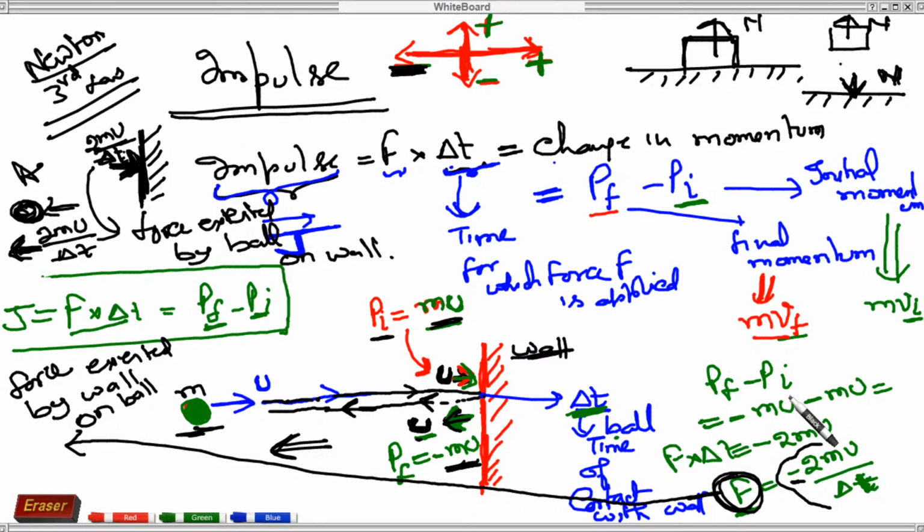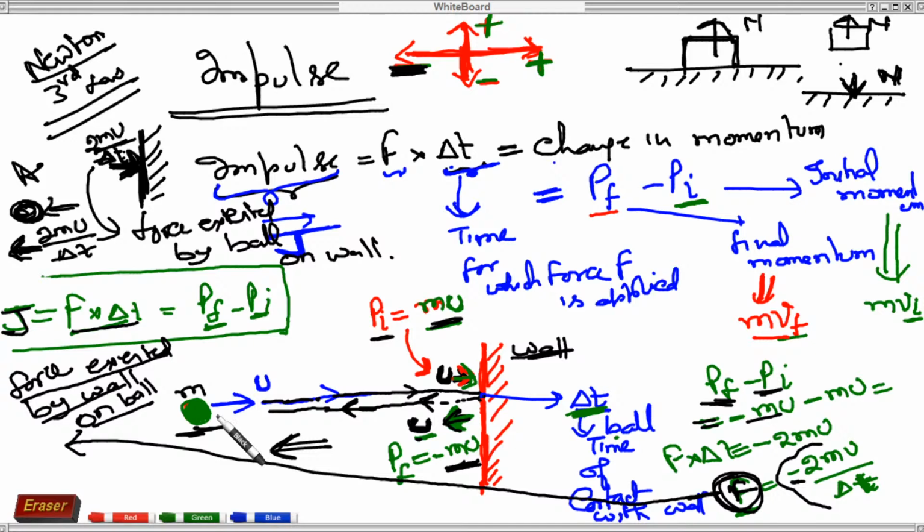Okay, so what would be the change in momentum? That is pf minus pi. So minus mu minus mu, that is minus 2mu. And the impulse part is F into delta t, so the F that comes out will be 2mu over delta t. So this is the force exerted by the wall on the ball.